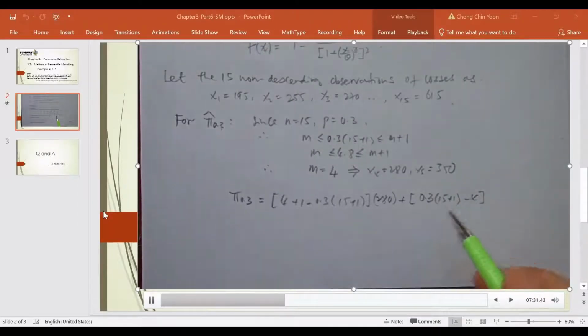And this result multiply x5, which is 350. This will give me 336.